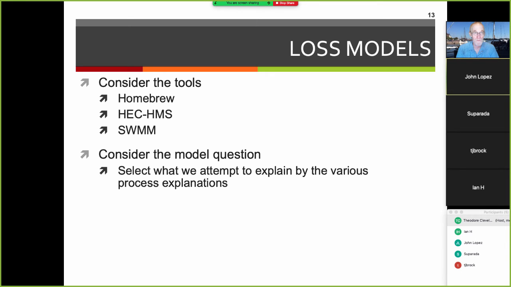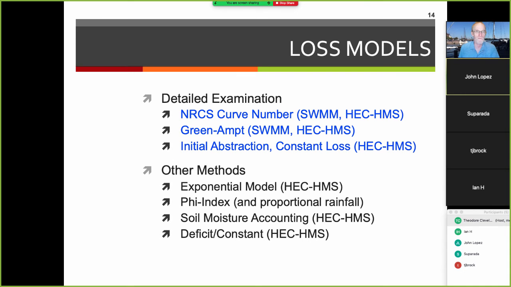If we're going deeper into that, to perhaps a water quality aspect or a longer-term simulation approach, we might have to use a more complicated model. So let's look at a few of the loss models. I'm going to look at 3 here in some detail, and I have them in parentheses.